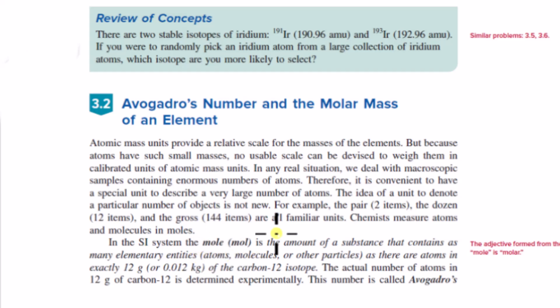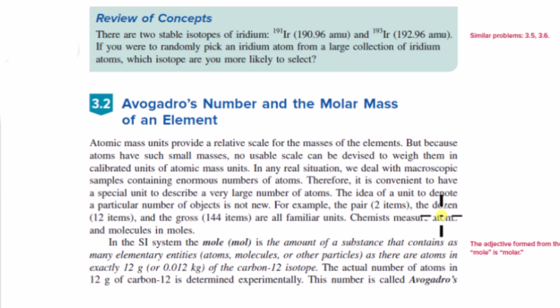All right. The first thing to note about the mole is that it's just a number. It truly is just a number, in the same way that a pair is a number, a dozen is a number. What I mean is you don't need to know the history of where the dozen came from to use the word dozen.